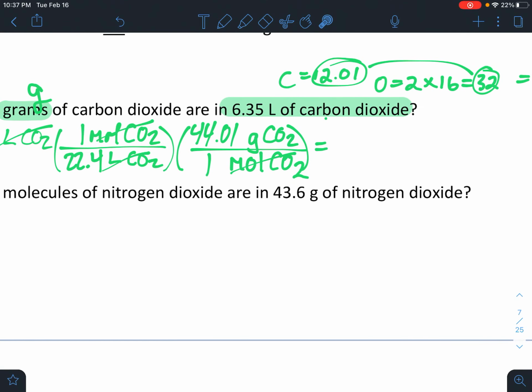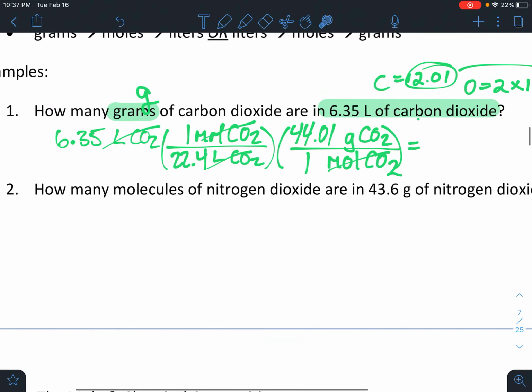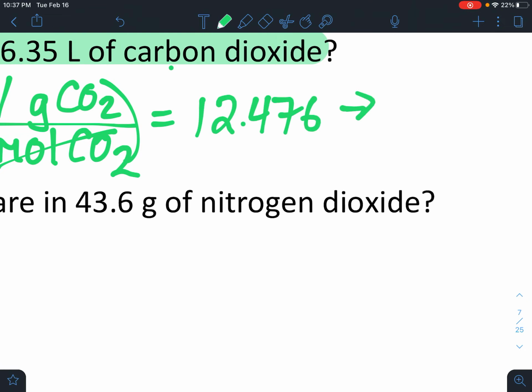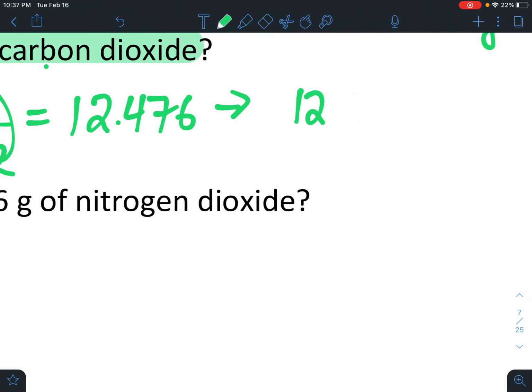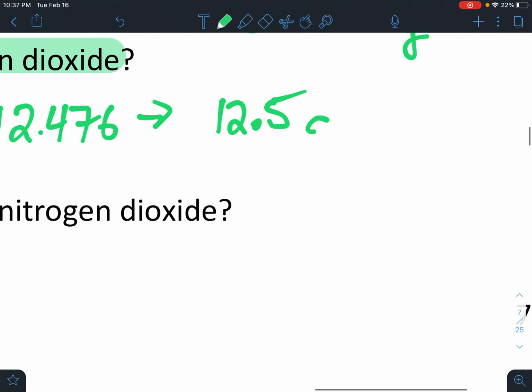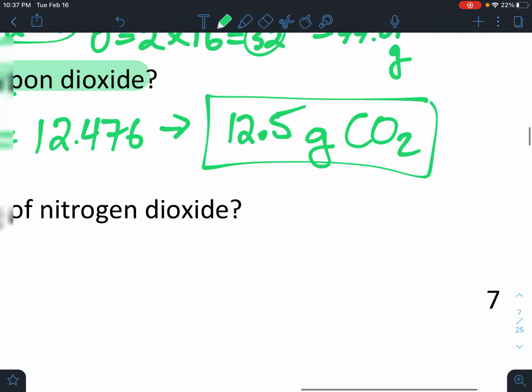And the answer I got was 12.476. There are three significant figures. So 12.476, that will become 12.5, and the unit is grams of CO2.